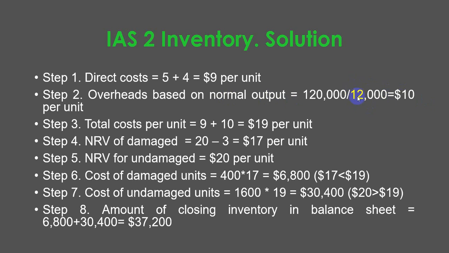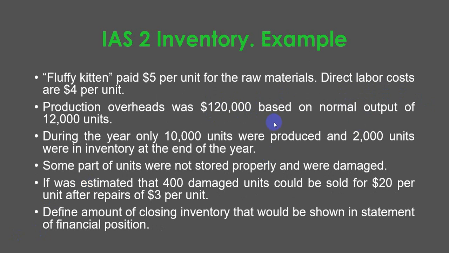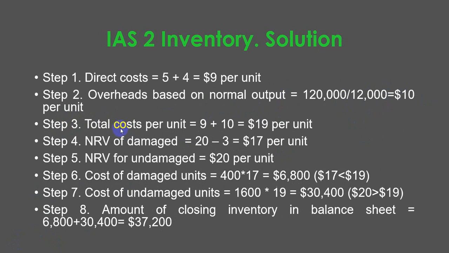We need to take normal output, not actual in this case. So that's why we take 12,000 units of normal output. And we have our total costs per unit in the amount of $19 per unit.